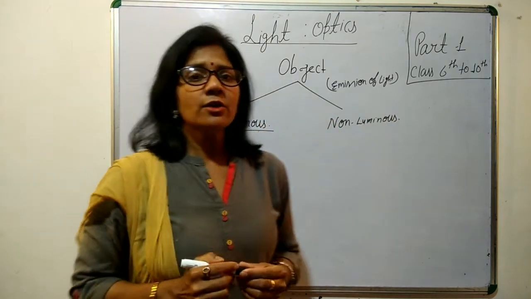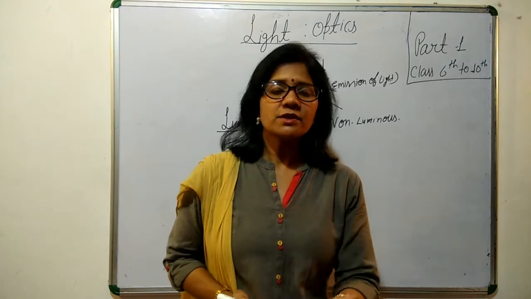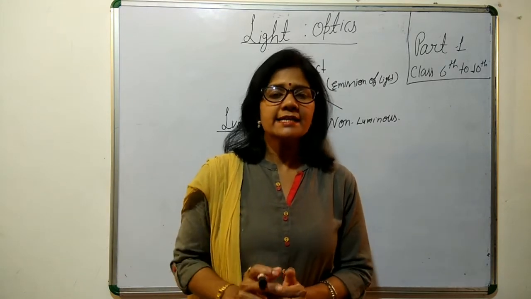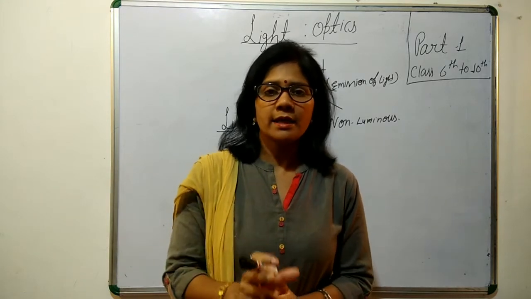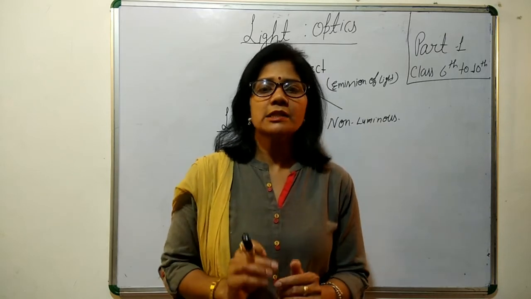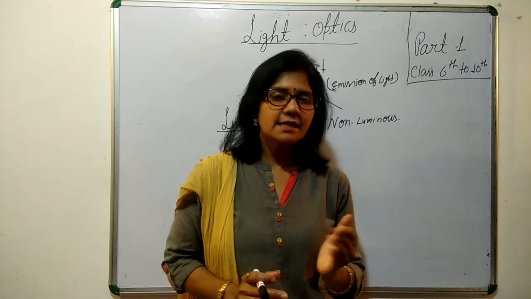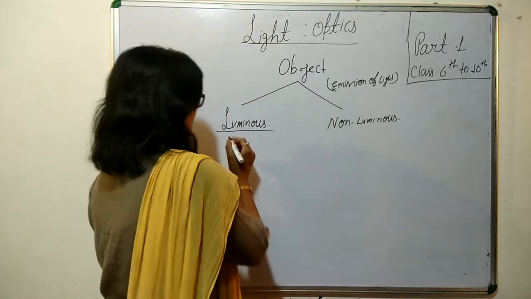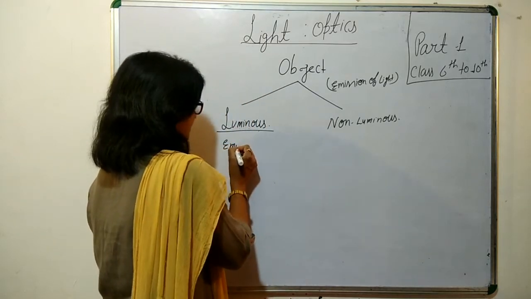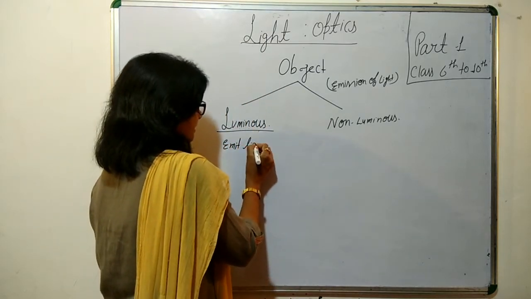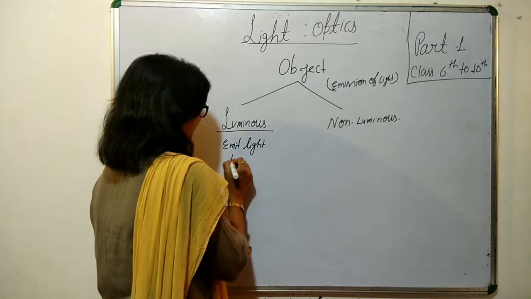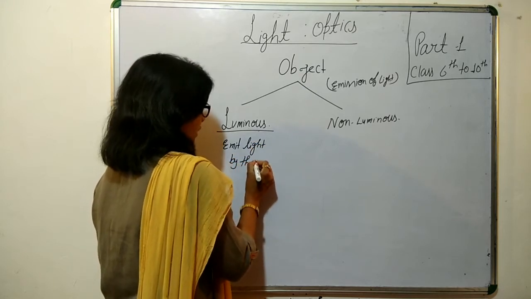If any object gives or emits light by its own, then it is known as a luminous object, like the sun. So they emit light by their own.